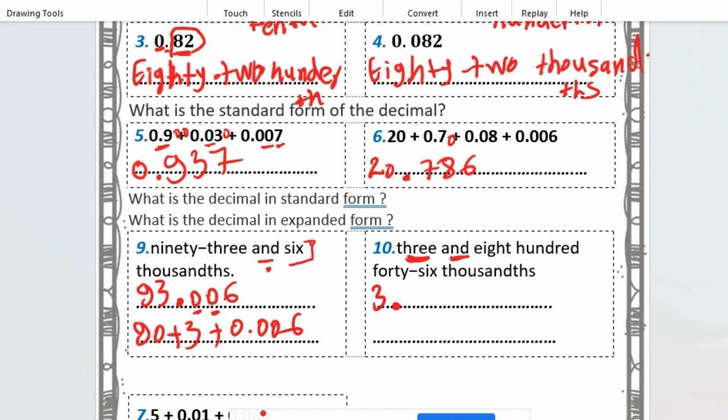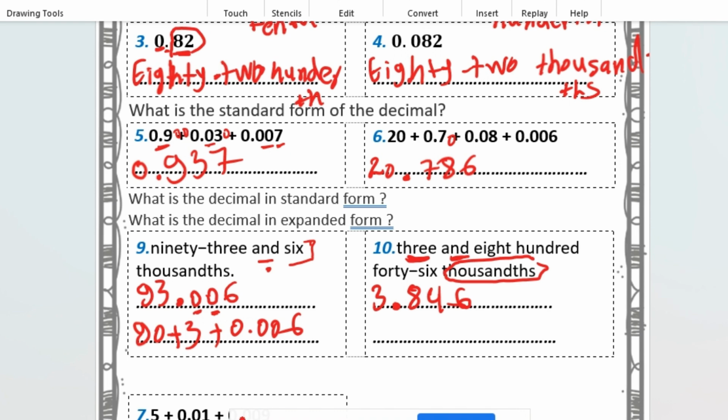Okay, 846. We don't focus on this, we focus on this word here. So it's thousandth, so we should have 3 numbers after the decimal point. 846 is 3 numbers, so we just write 846 normally. Okay.